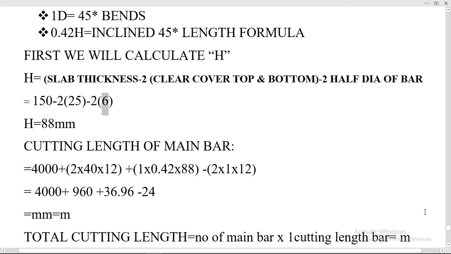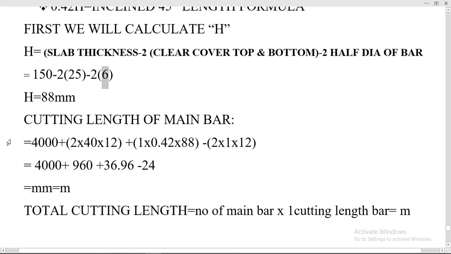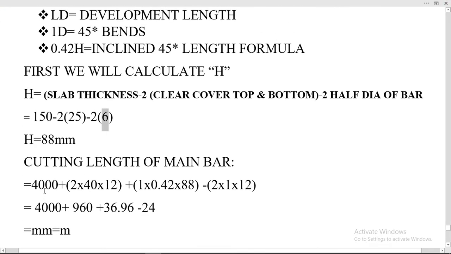Cutting length of main bar will be, here you can see we just put the values in it. Clear span length of main bar we have 4000 plus 2 into bend development length L. Formula is 40D, and we multiply with the 2 because we have both side development length. 40 into D, dia bar is 12 millimeter, plus we have one bend length.